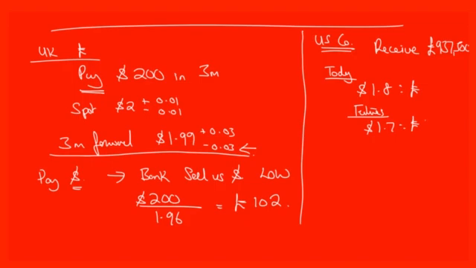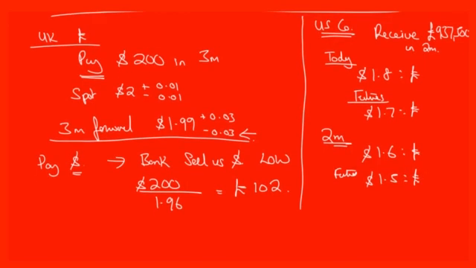They're going to receive it in 2 months. 2 months later, the spot rate is now 1.6 to the pound, and the futures rate is now 1.5 to the pound.